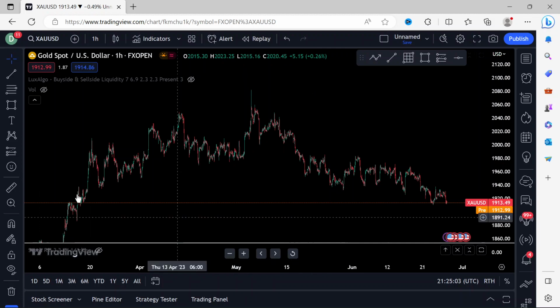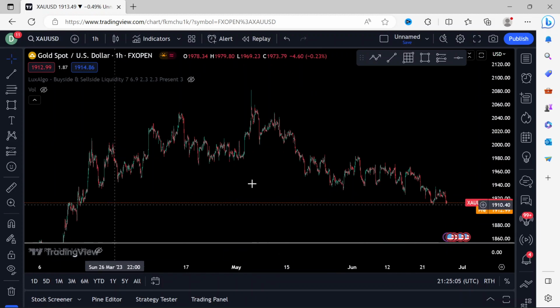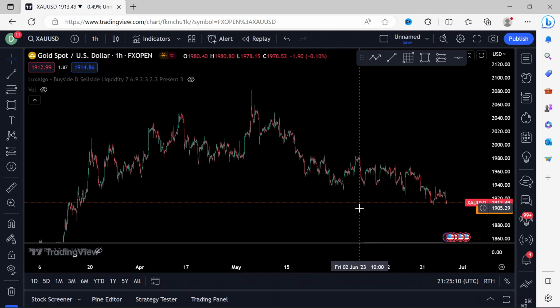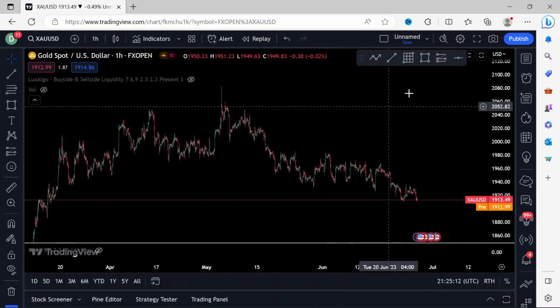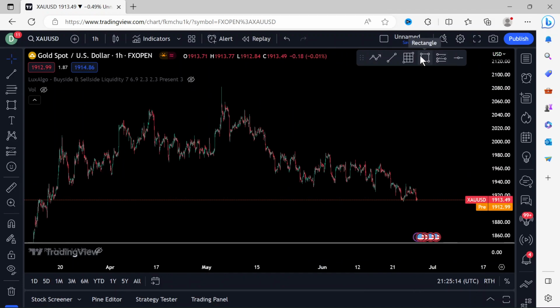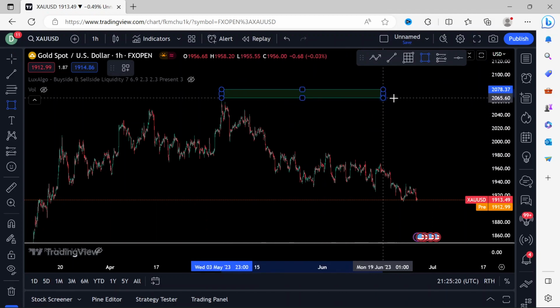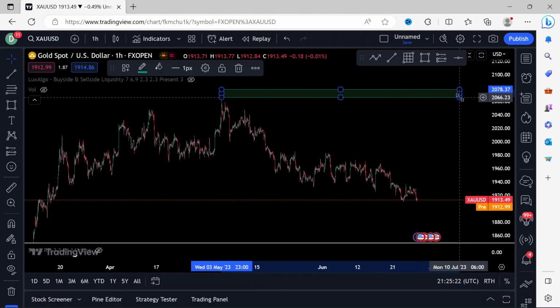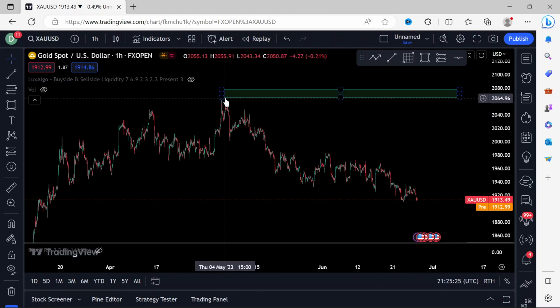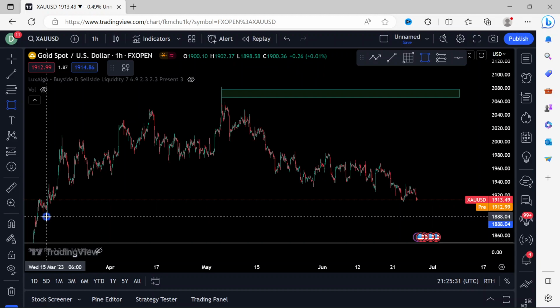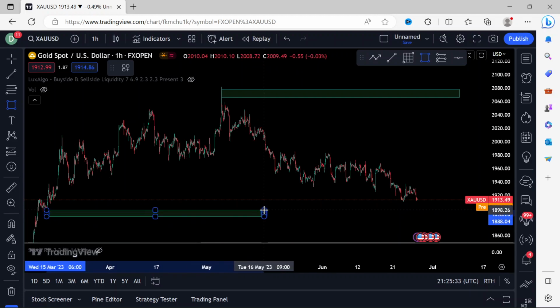So let's say on XAU USD, that's for gold, I can say I have my current high. You need to identify highs and lows. So I have my high here, so this is my high, and then my low, I can target this as my low.